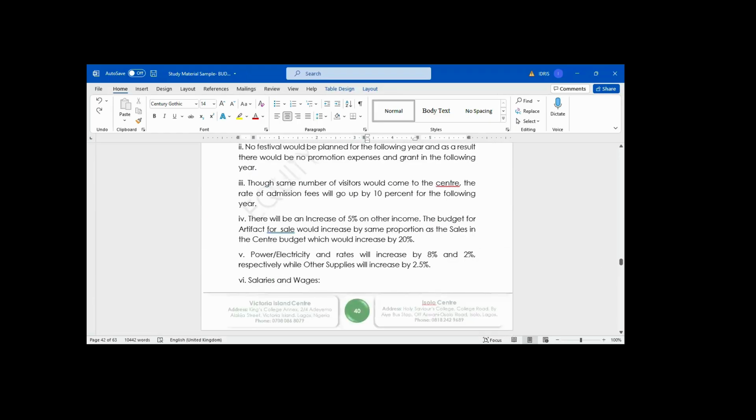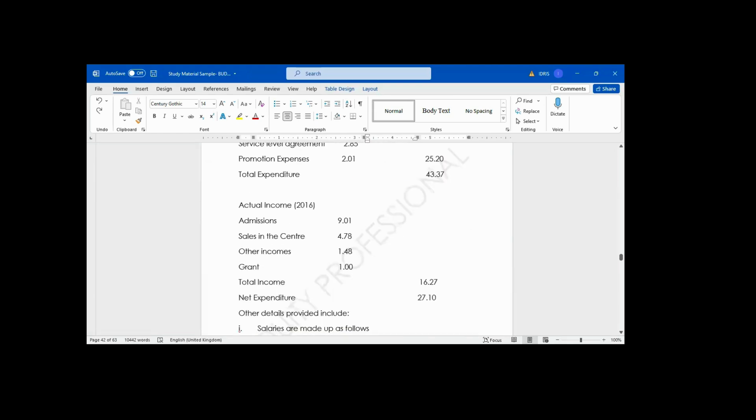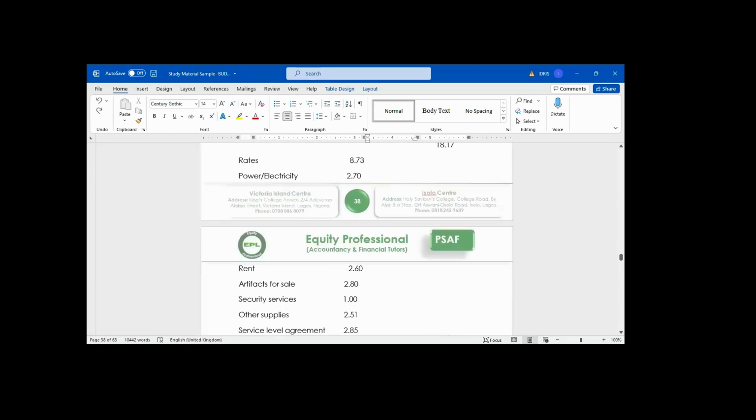The next item in the budget after power slash electricity? Rent. What is the note on rent? What note do we have on rent?